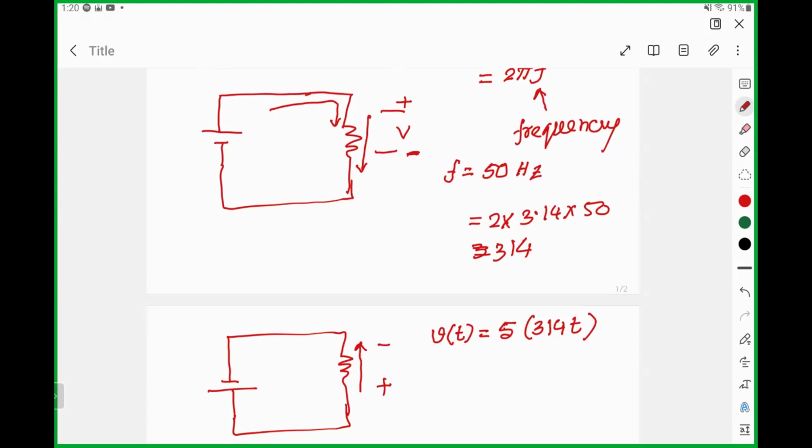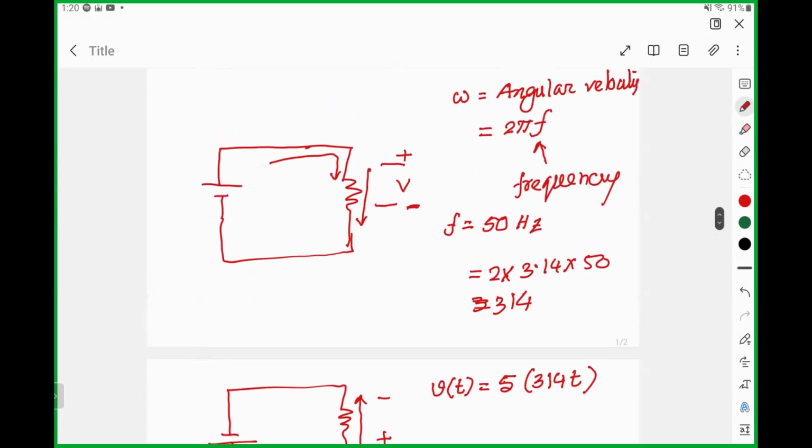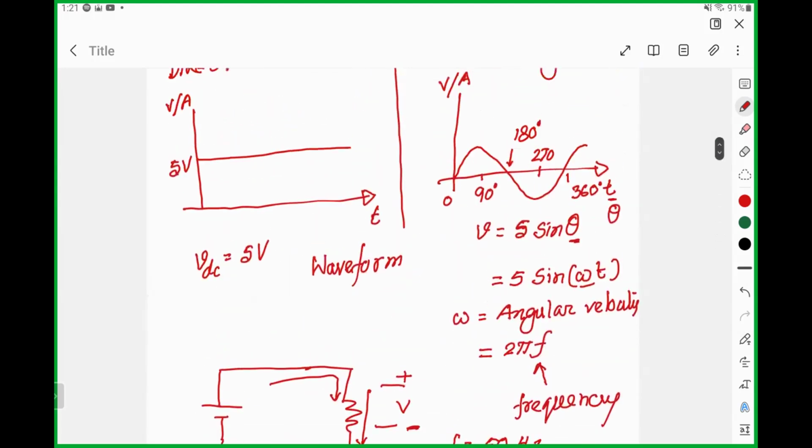For a DC, it will be the same directed current. That's why it's DC, direct current. It's only one directional current. As long as your supply is not changed, it will remain constant. Right? Now here in the alternating, 5 volt is always 5 volt, positive 5 volt. With time, it doesn't change.